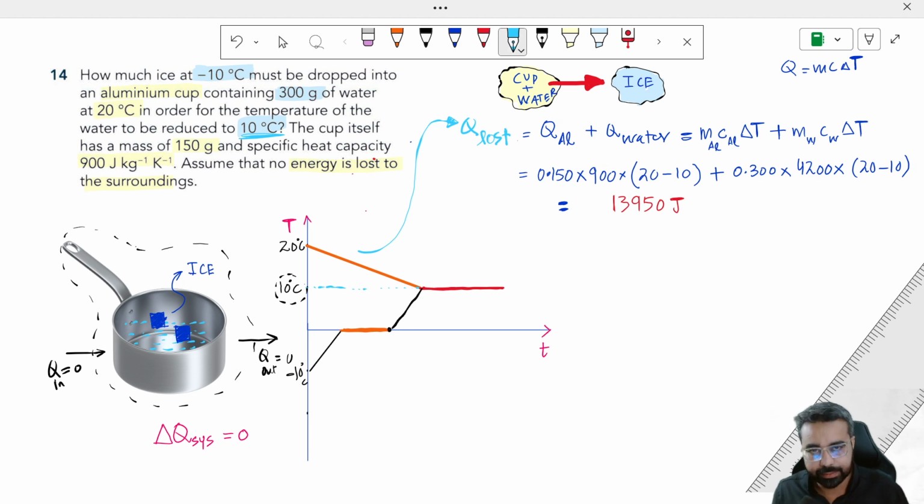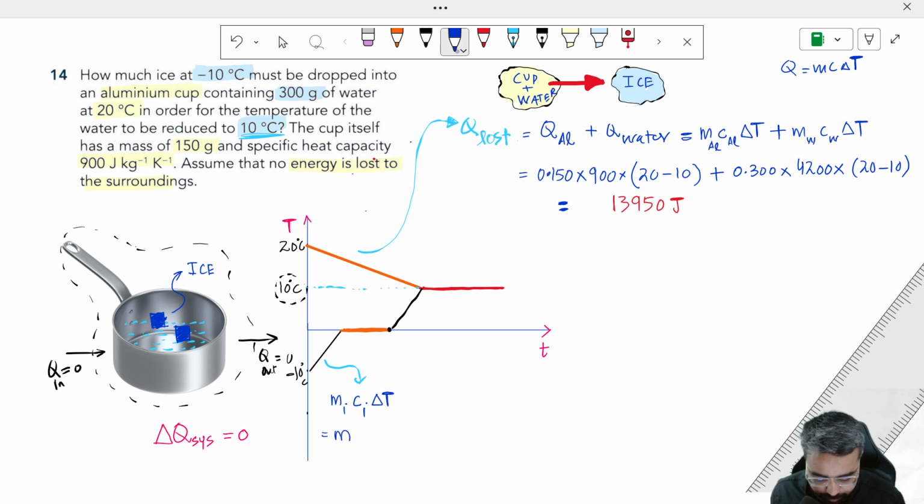So students, this ice has gained energy 3 times. First of all, this is a heat that it has gained, and it should be the mass of ice, specific heat capacity of ice, and change in temperature, from -10 to 0 degrees Celsius. That should be the mass of ice.